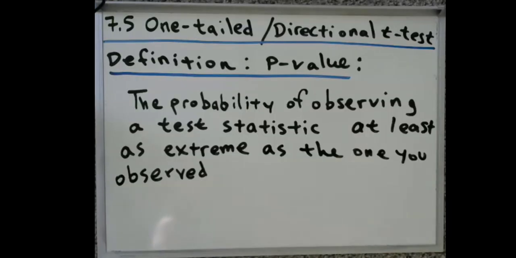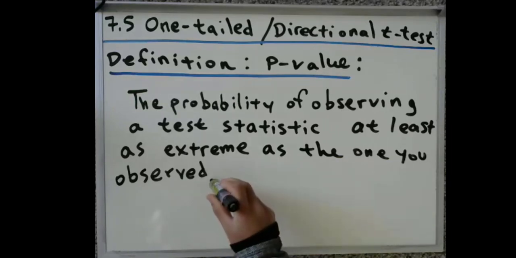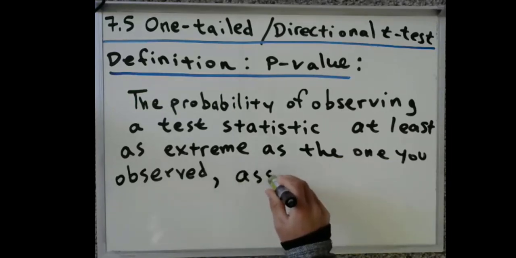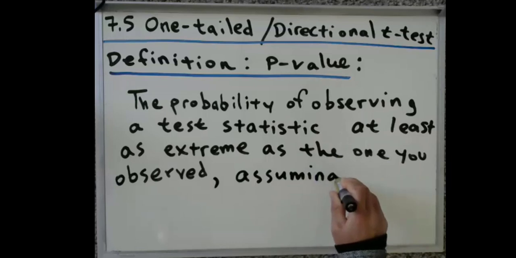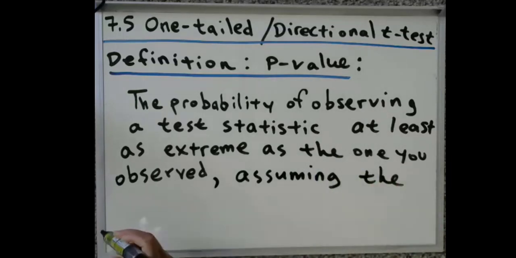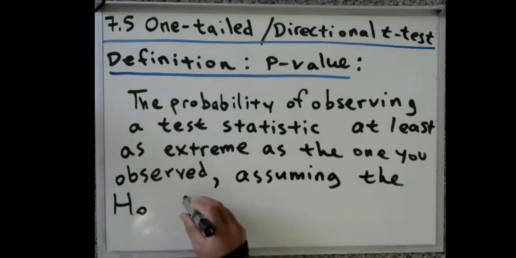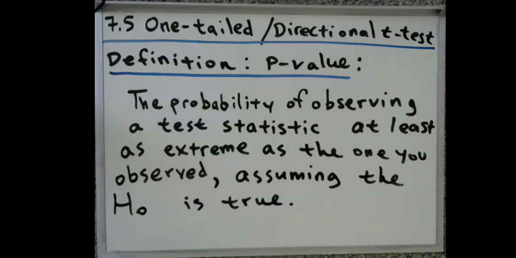And it's the probability of observing a test statistic at least as extreme as the one you observed. However, this is incomplete. This is under the assumption that the null hypothesis is true. And this calculation takes place slightly differently depending on the statement in the alternative hypothesis.